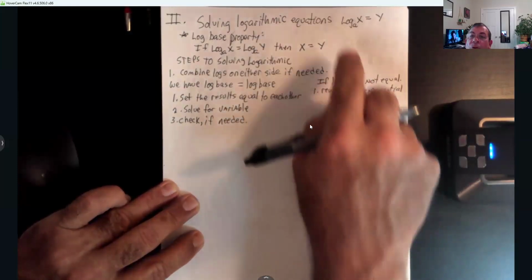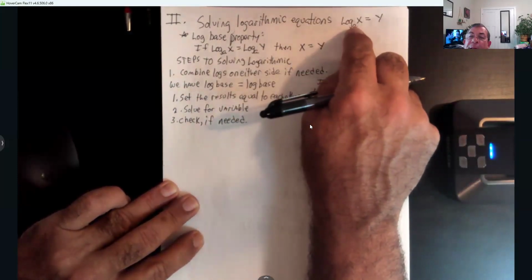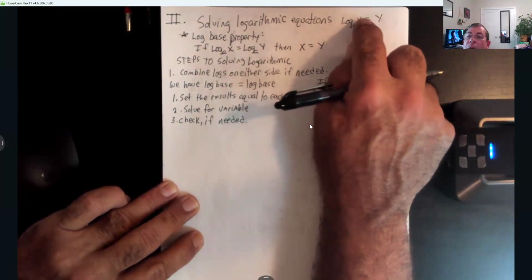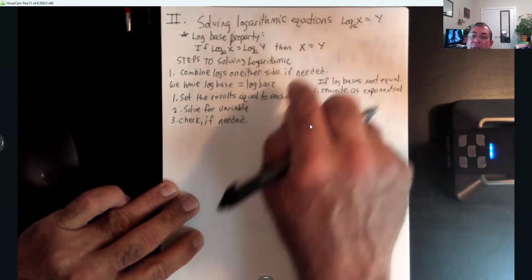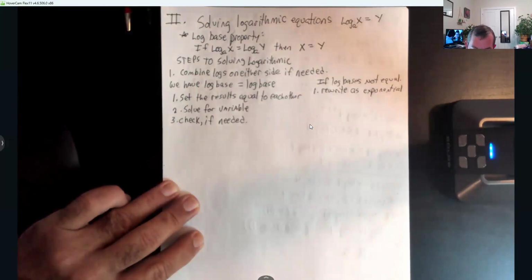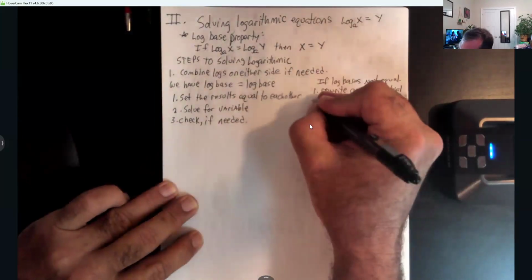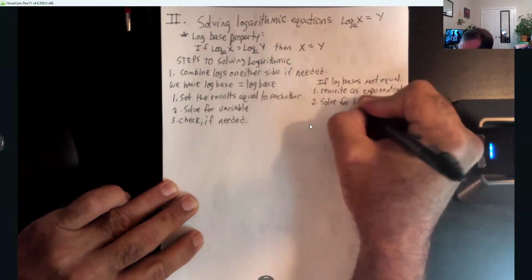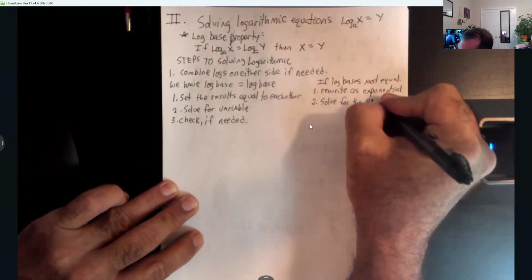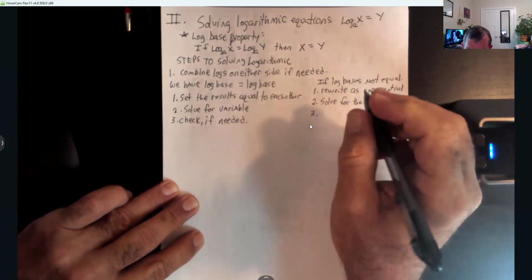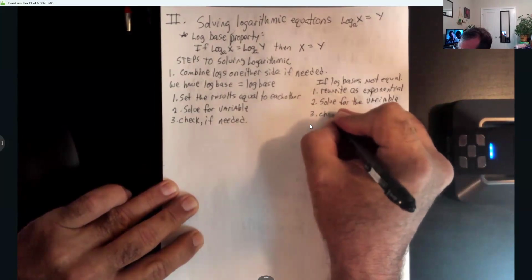And remember, that's when y'all took the log and you took the base A to the exponent Y equaled that result X. So that's what we're talking about. Rewrite it as exponential. Solve for the variable. And then check if needed.